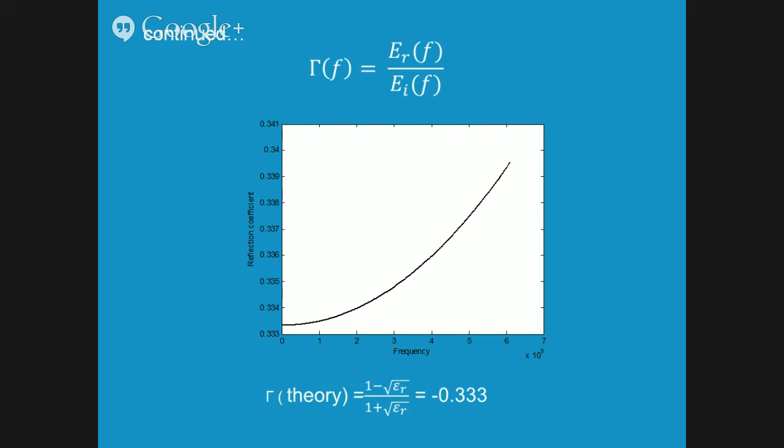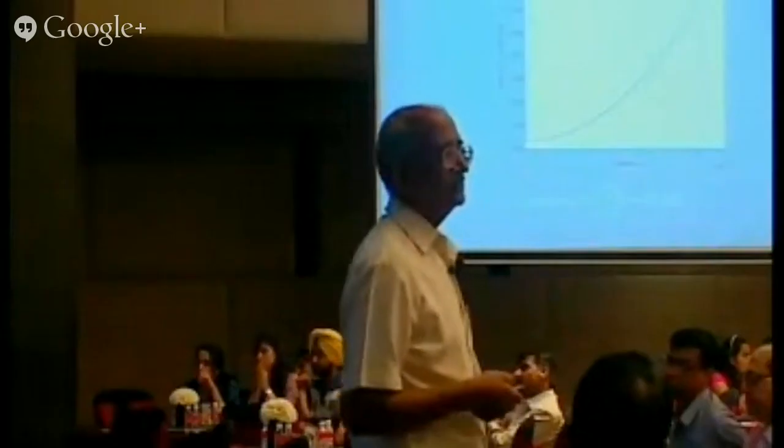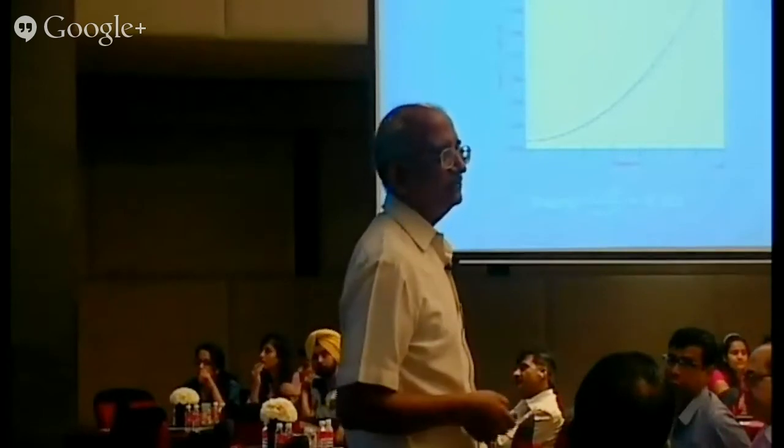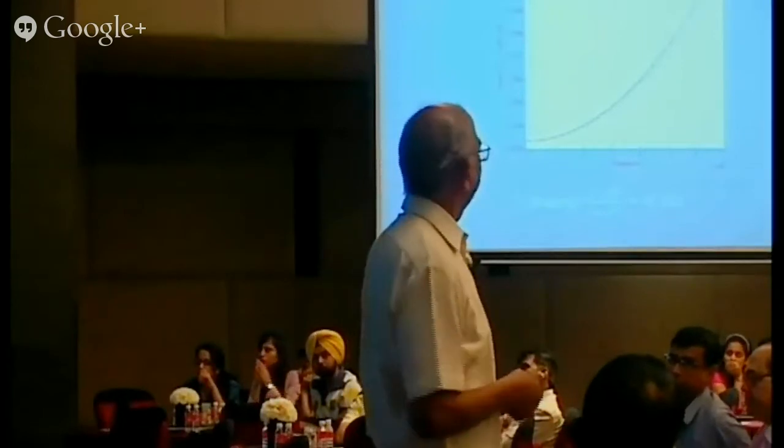It should have been minus 1.3, but this method is giving a value which is around minus 1.3, but as you increase the frequency, instead of being constant, there is a slight increase, and that's because of the errors, etc. The theoretical value should have been constant, independent of frequency, for that particular example.